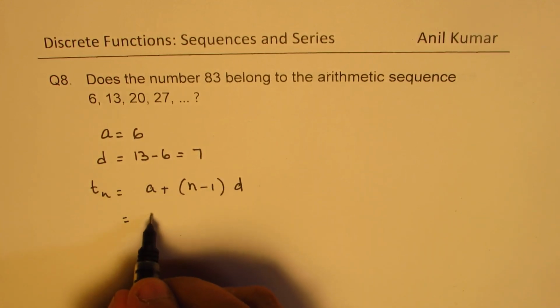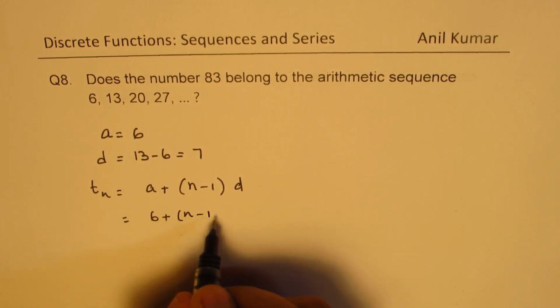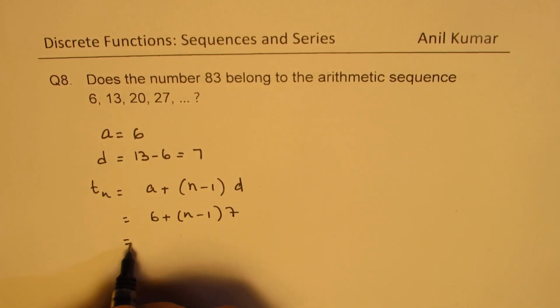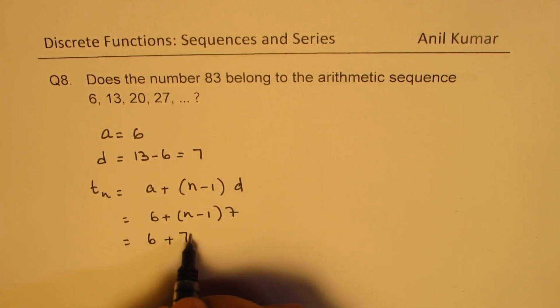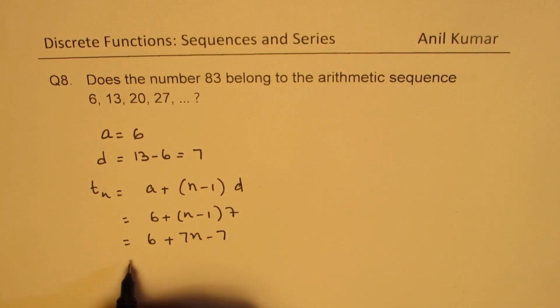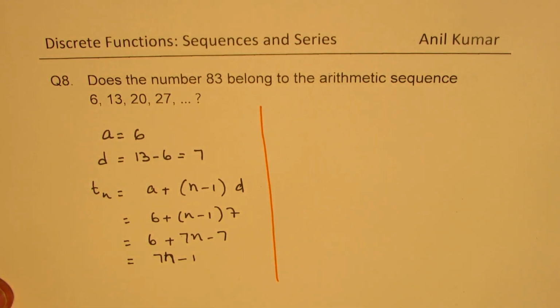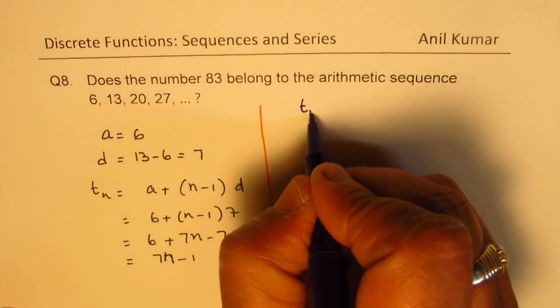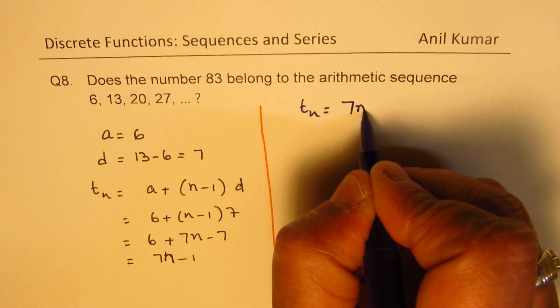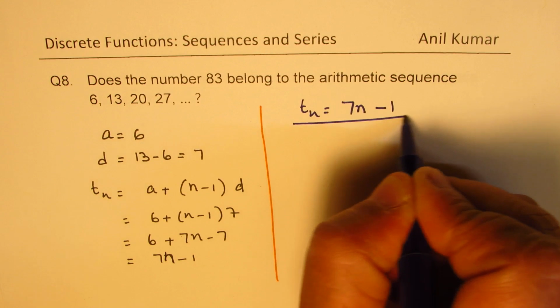In our case, it is going to be 6 plus (n minus 1) times 7, or 6 plus 7n minus 7, or we get 7n minus 1. So let's rewrite the formula. We get the general term tn as 7n minus 1.